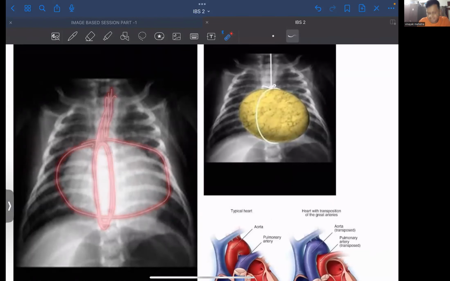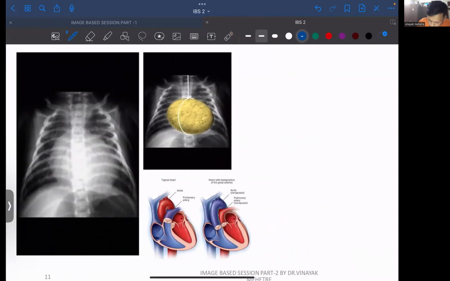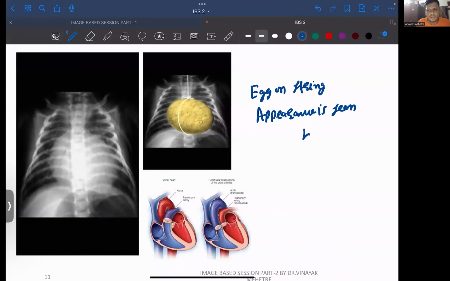It looks like something is tied. An egg is tied with a wire or string. Egg on string appearance is seen in transposition of great arteries.